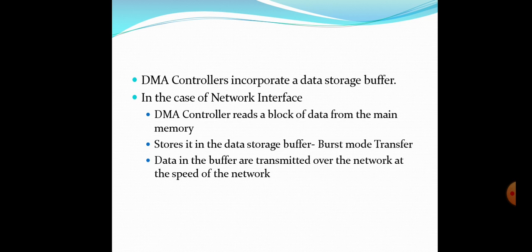Instead of transferring this data directly from memory to the network, the DMA controller transfers a block of data from memory to the data storage buffer associated with it. Then the data can be transferred to the network from this storage buffer at the speed of the network.